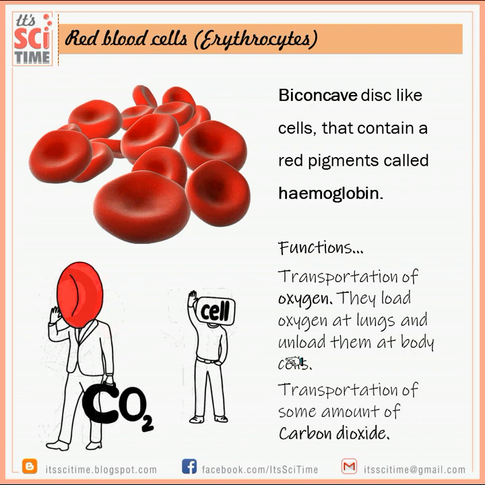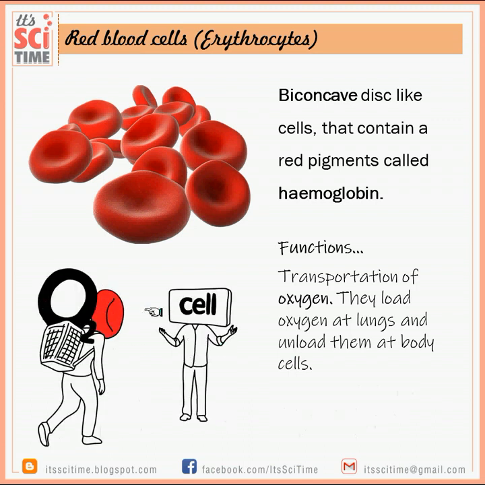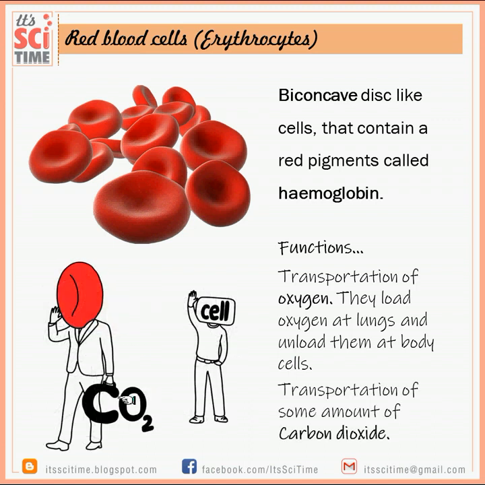Also they carry a little amount of carbon dioxide. You can see in the pictures they are carrying lots of oxygen but bringing back this amount of carbon dioxide, because more carbon dioxide is transported through the blood plasma. So these are the functions of the red blood cells.